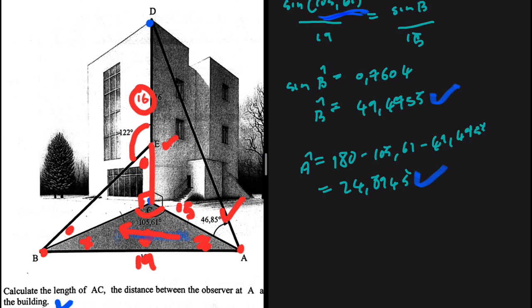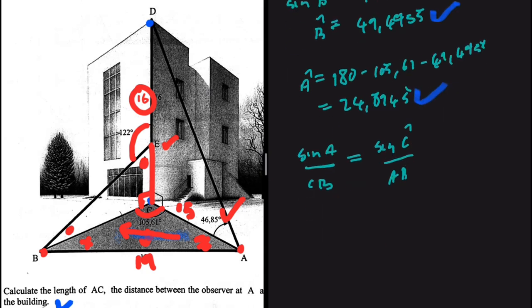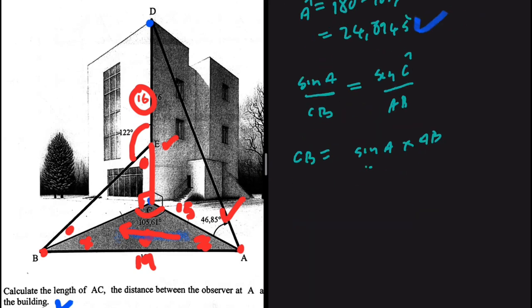So we're going to say sine of A over CB is equal to sine of C over AB, now we have the freedom of choice. So CB is going to be equal to sine of A multiplied by AB divided by sine of angle C.